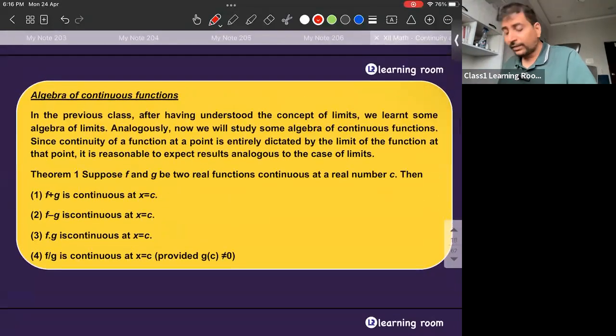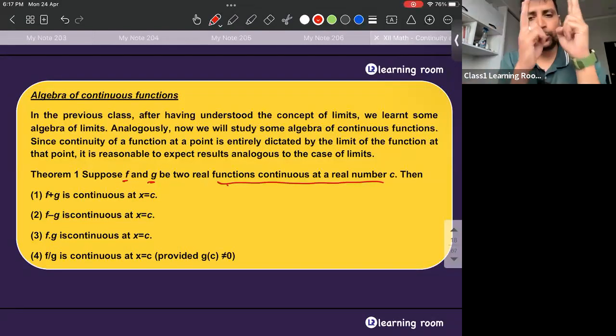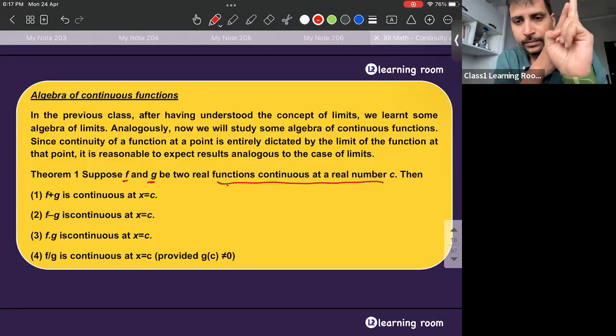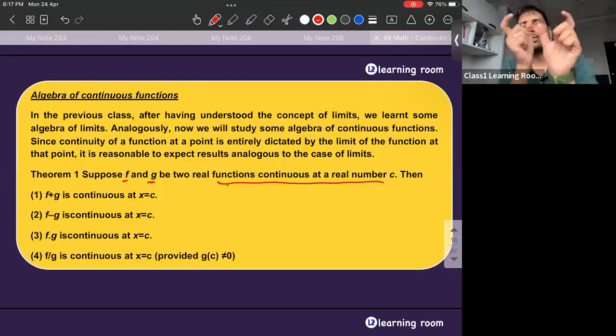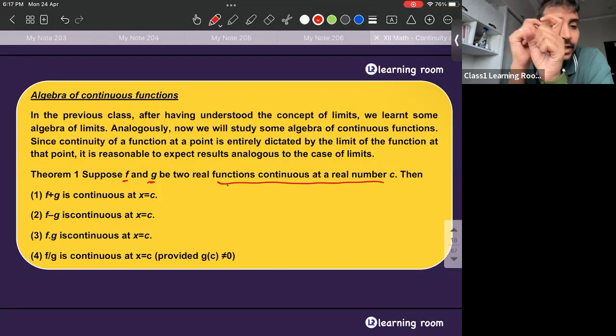Having said this, there is a concept of algebra of continuous functions. If I have two real functions f and g which are continuous at a real number c, then f plus g is going to be continuous at x equal to c.